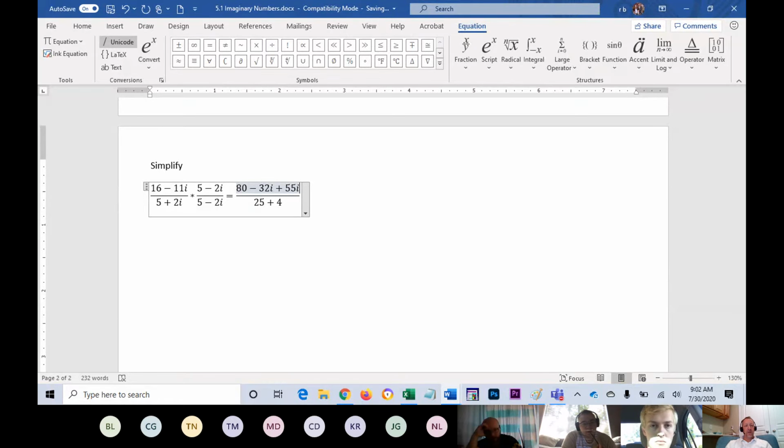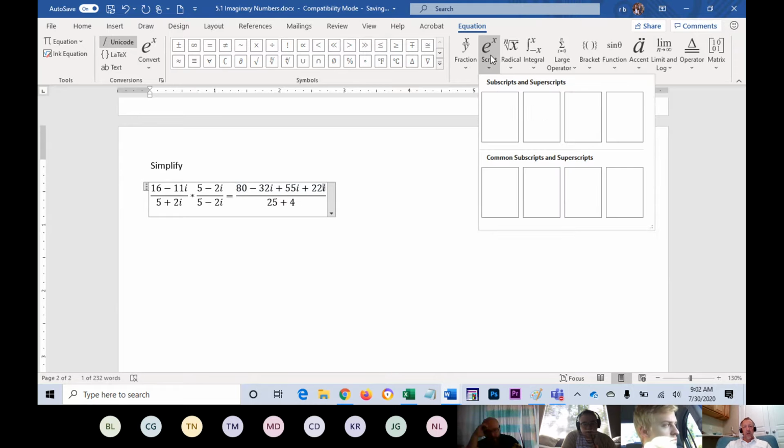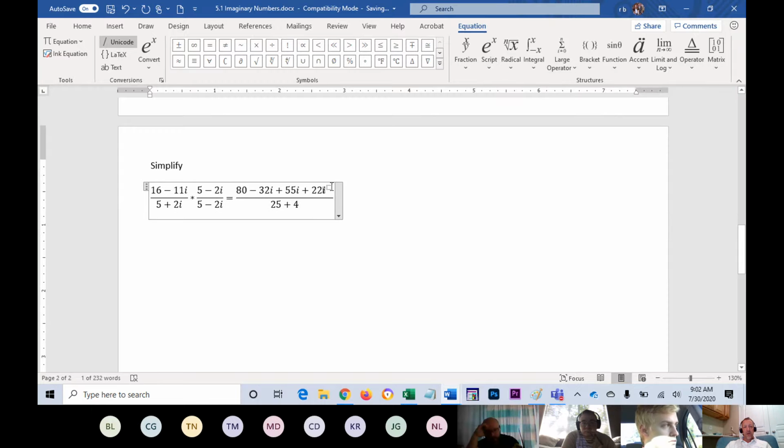Well, let's be careful about this. So negative 11 times negative 2 is positive 22. Yep. But then I've got an i squared. Okay.